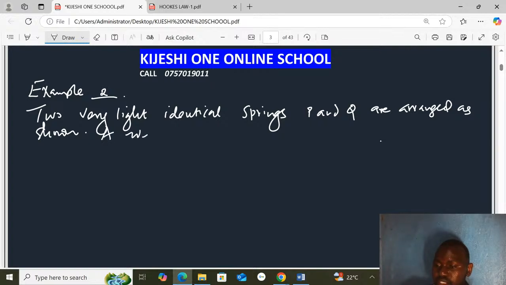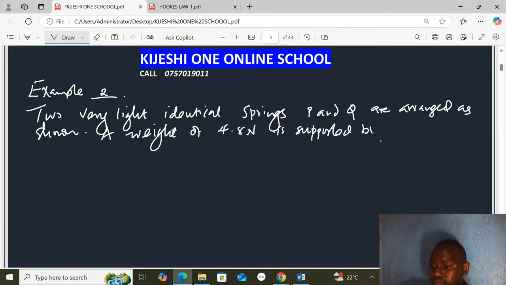A weight of 4.8 newtons is supported by each arrangement.